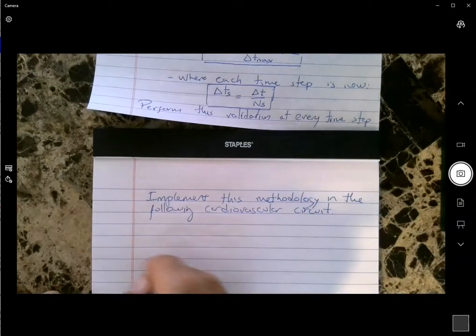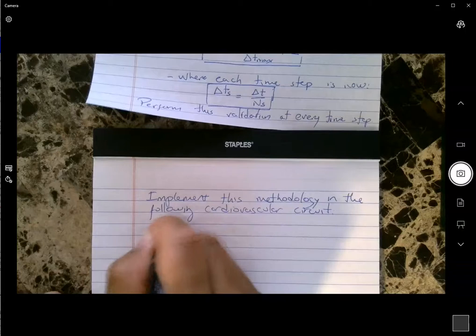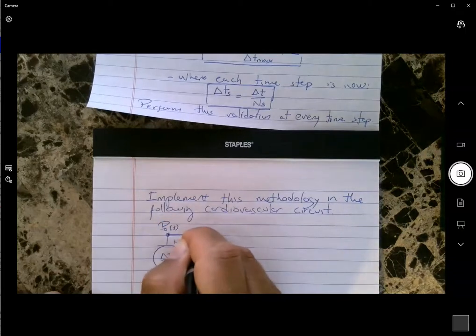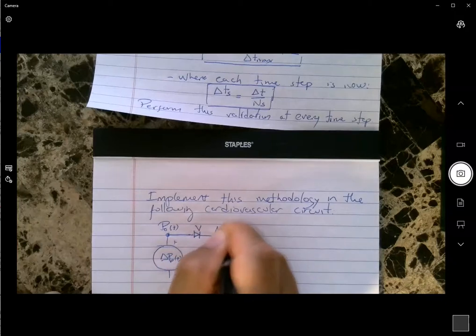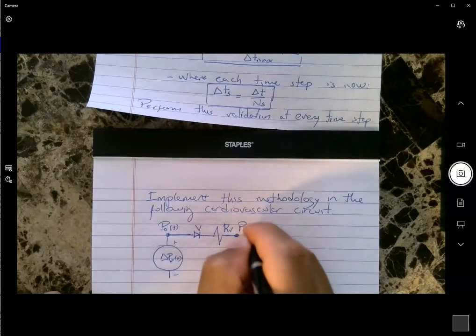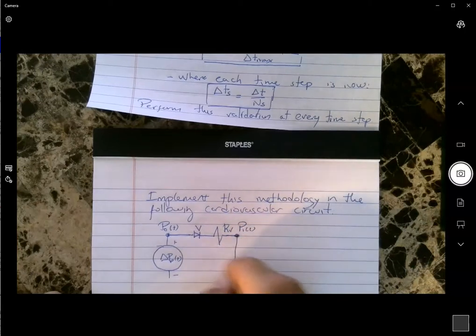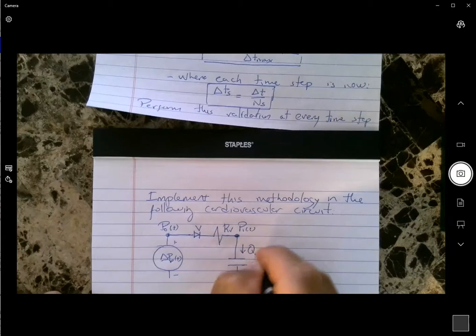So we had a delta P of the pump, minus plus. This was P0. There was a valve here we call V. There is a corresponding resistance to that valve that we call RV. There's a node P1 where we have C1 and Q1.